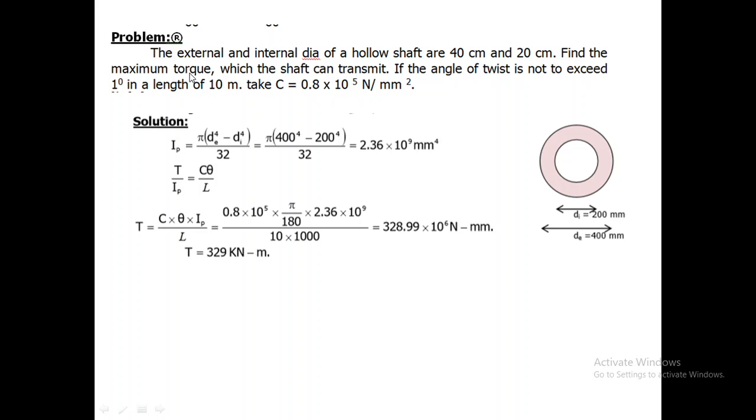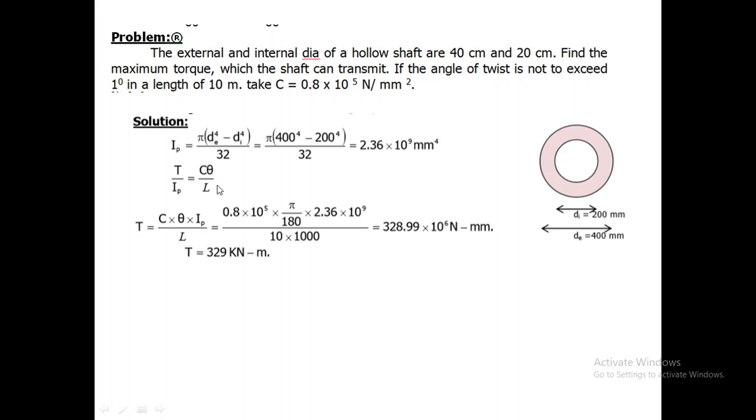So here you have to calculate the torque, that is T. The polar moment of inertia is calculated based on the diameters of the hollow shaft. G, theta and length are given, so you just substitute the values directly in this equation.